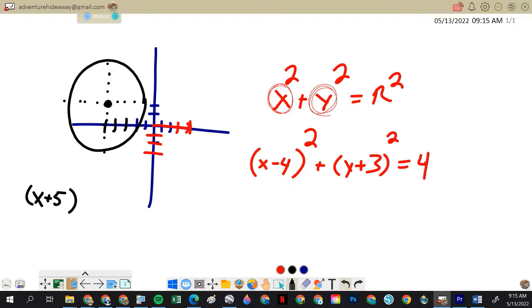That is shifting to the left 5. And then square that. And y minus 2 squared is equal to 16. Does that make sense? Okay.